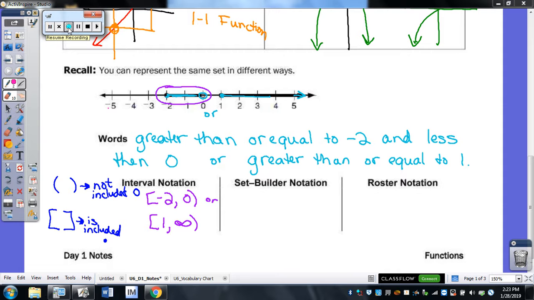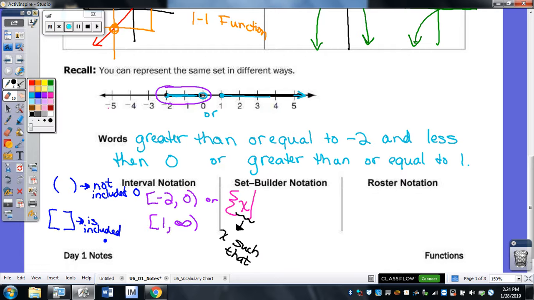All right, our next one, our set builder notation. Set builder notation always starts with a little squiggly and then an X bar. That X bar represents X such that. So basically you're saying, I'm using the letter X. The bar says, here's how I'm going to define it.